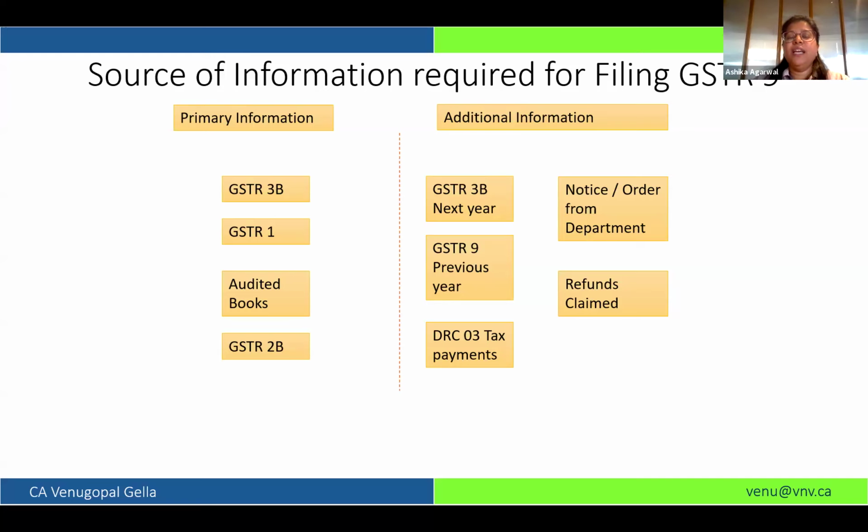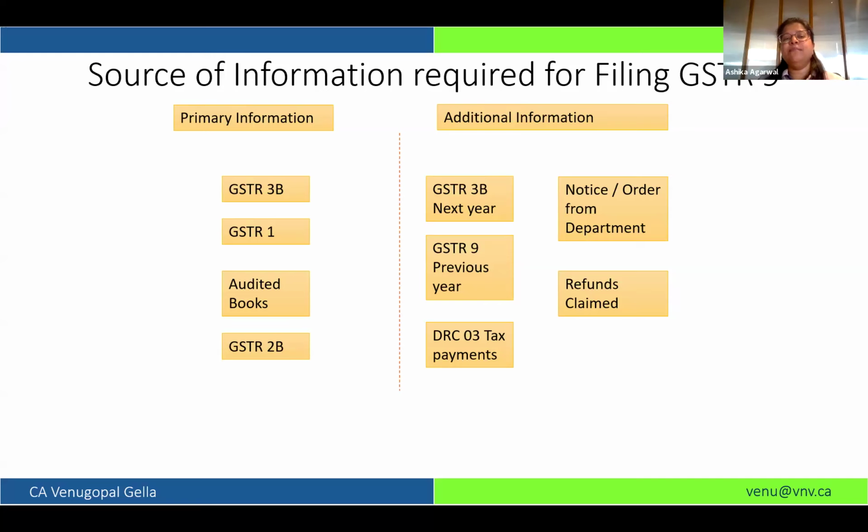Second, it may also be a case that for 22-23, any adjustment I have done in 23-24, and for 23-24, any adjustment I have done in 24-25. So I also need GSTR 9 of last year, because if I have done any adjustment, like I'm reporting for 24-25 in part 5, similarly I would have reported in part 5 of 23-24 also, which will help me to derive my correct tax liability for 24-25.